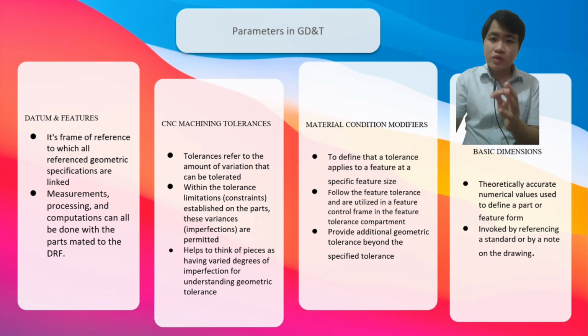Basic dimensions are normally shown on a drawing enclosed in a box, but they can also be accessed by referring to a standard or a note on the design. Furthermore, the CAD model might also be classified as a basic. Variations from the basic dimension that are permissible are usually defined in a feature control frame or by a note on the drawing.